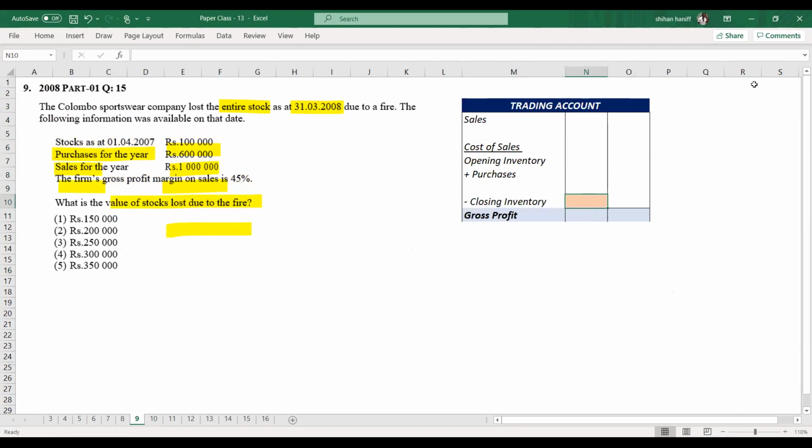So the entire stock is damaged. What is the answer? Sales is 1 million. Opening stock is 100,000. Purchases 600,000.